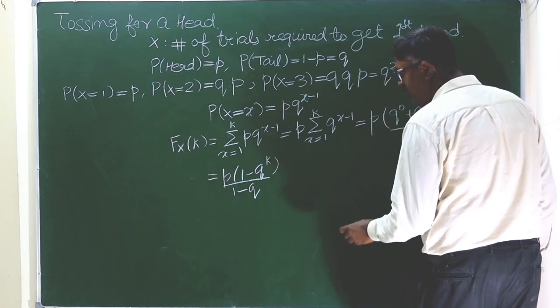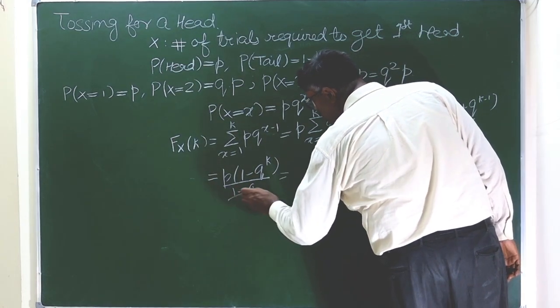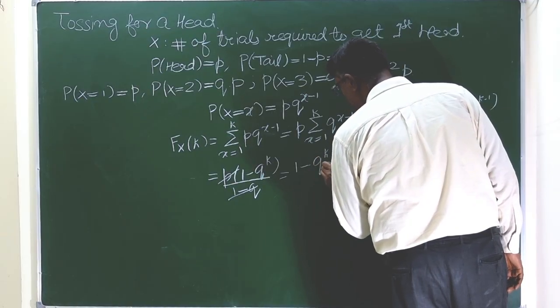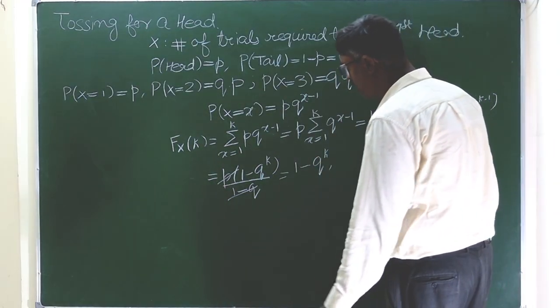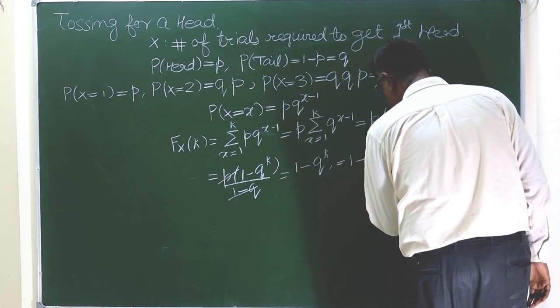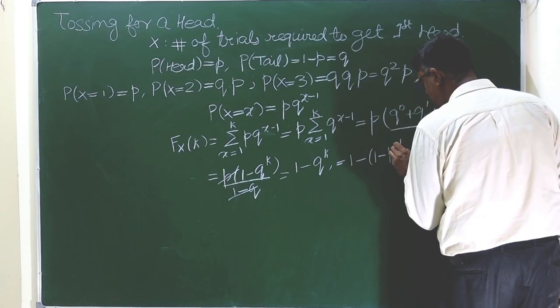So we are given that 1 minus q is p. So this cancels out and we get the distribution function as 1 minus q to the power k, or we can write it as 1 minus (1 minus p) to the power k.